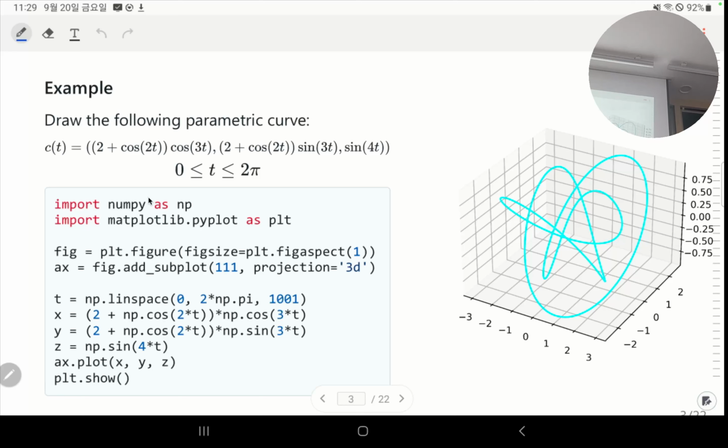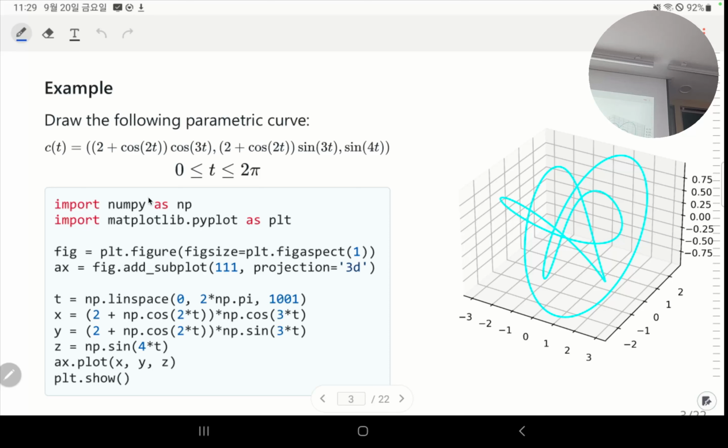You can see that in the code, I made a 3D figure, and then here I had to equally partition this range of t from 0 to 2 pi.